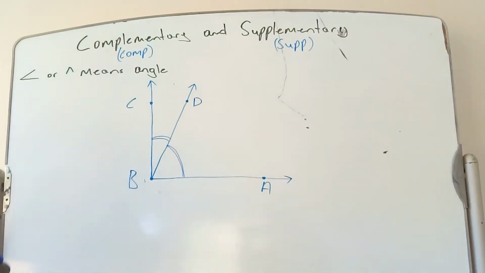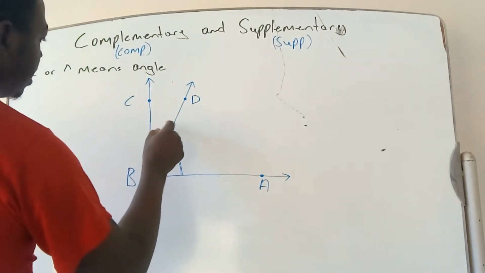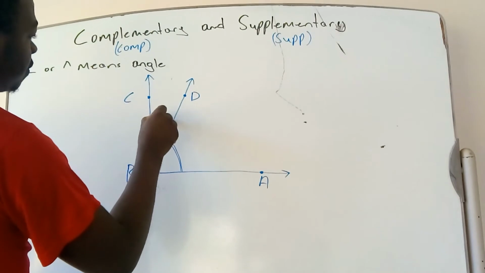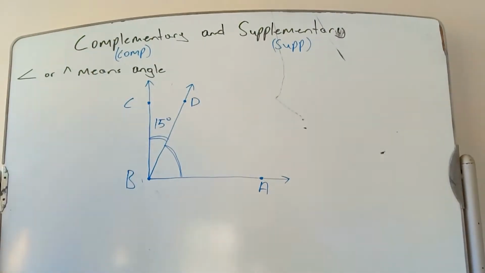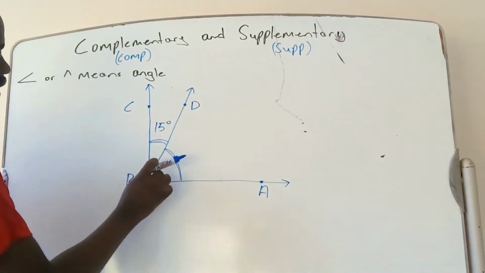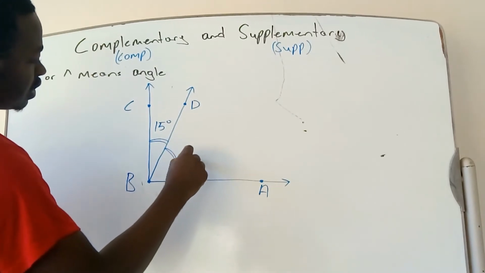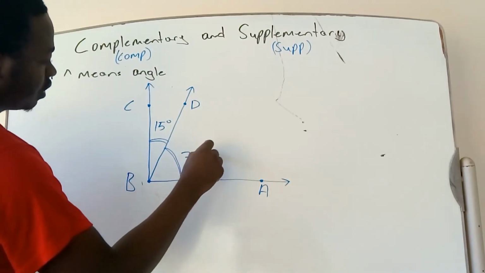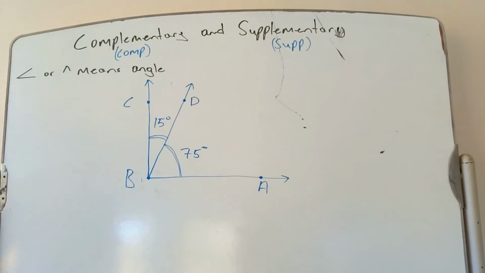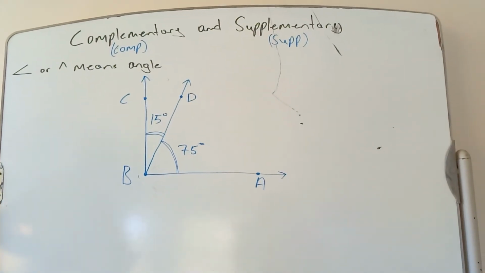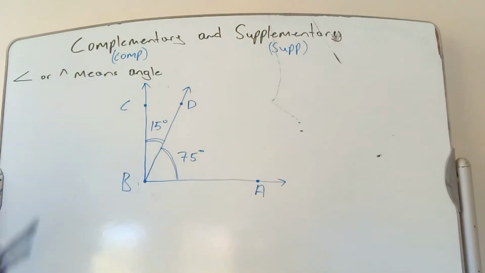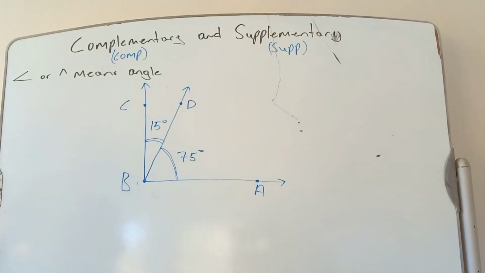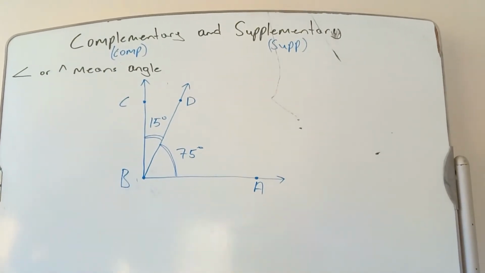Now let's say we know the values of these angles, and we say that this angle here is 15 degrees. And let's say that we know the value of this angle, and we say the value of this angle is 75 degrees. Right? So let's write down all the information from this diagram, because there is something interesting happening in this diagram here.